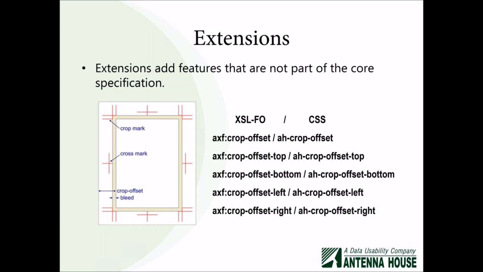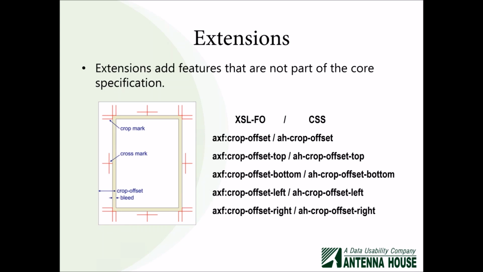So to address those needs, you have the ability to add extensions. And in the case of Antenna House, any extension we add to either XSL FO or CSS will be prefaced with AXF or AH to show that it's an extension.